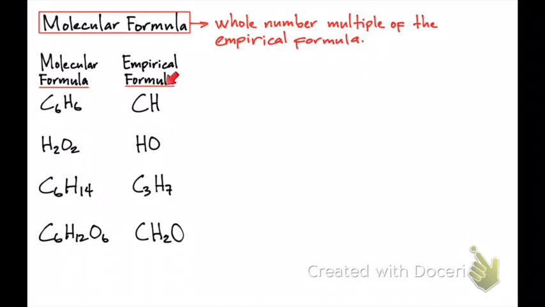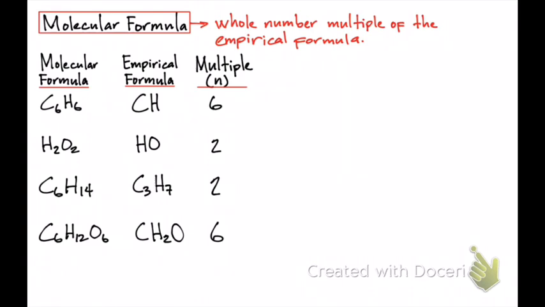So you can clearly see here that molecular formula is a 6 multiple of the empirical formula. All right, so its multiple is 6. And then for hydrogen peroxide, it's 2. For C3H7, it's 2. And then for glucose, it's 6.